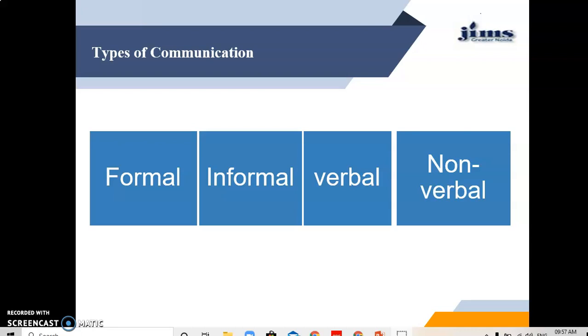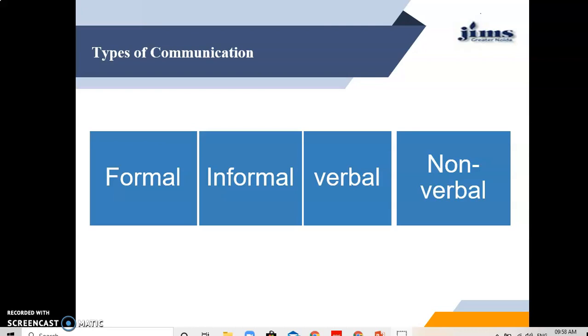So what is formal communication? It is the type of communication in which interchange of information is done through the predefined channel, at a particular time or in a formal setting, with the predefined content or the curriculum. Second is informal communication.